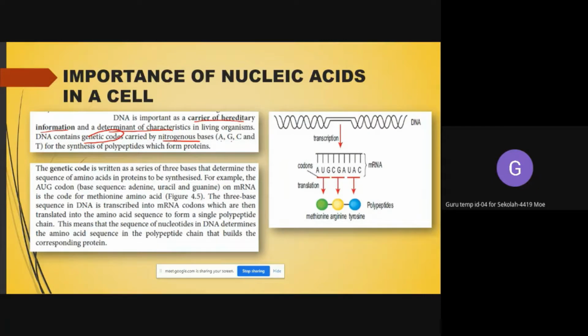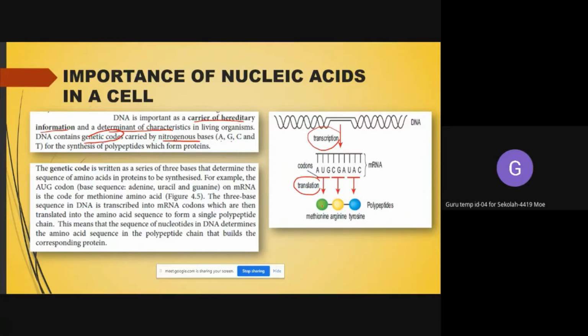Daripada DNA ni kita boleh sintesis polypeptide melalui 2 proses, iaitu transcription and translation. DNA will undergo transcription and form mRNA. So mRNA will undergo translation, then will form polypeptide.